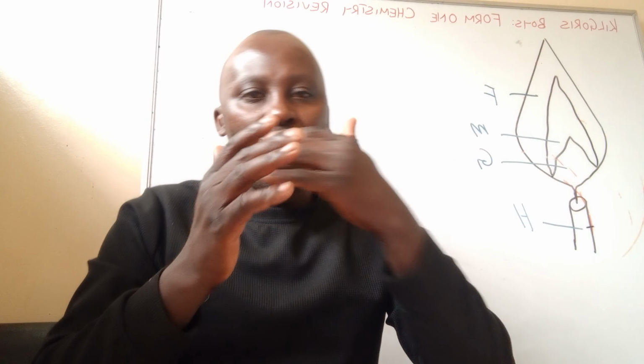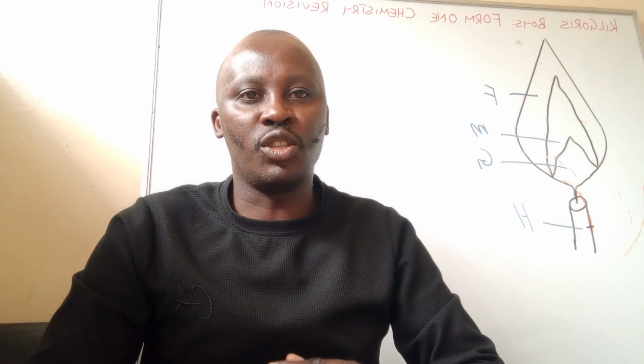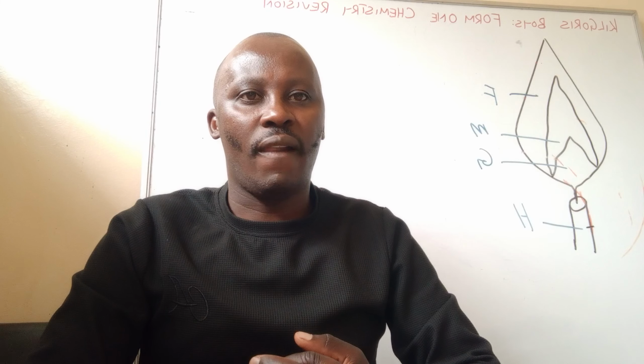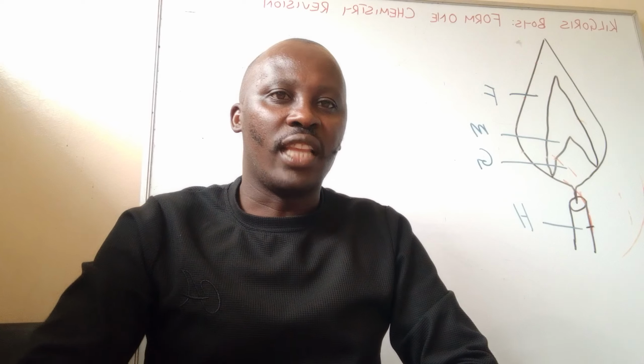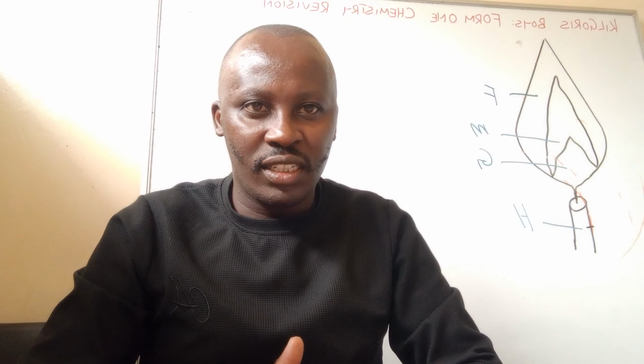That is why in most cases we have very few questions from this topic. There are only two questions set from this topic: the flame and the use of the apparatus.